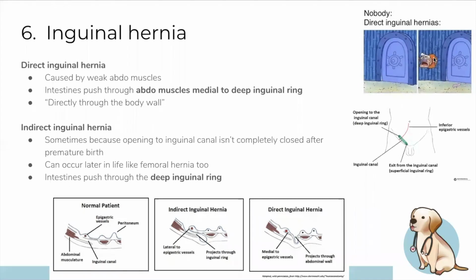So usually when you have really weak abdominal muscles, it's easy for the intestines to just push through there directly through the body wall. Whereas indirect is when they go through the canal. And sometimes that happens because some people are born with an inguinal canal that's not completely closed if they're born prematurely. You can usually pick that up just in a baby.